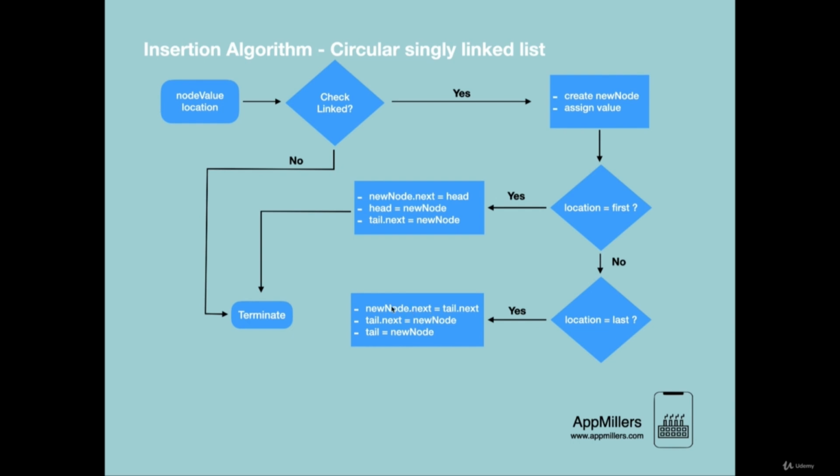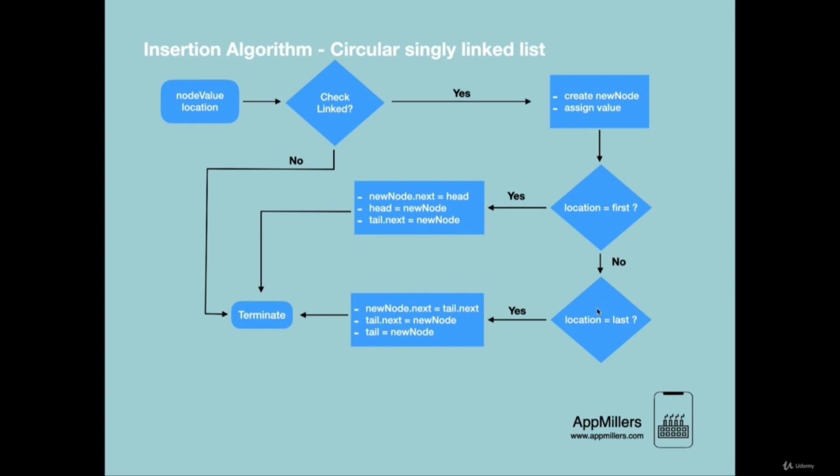After creating a connection between the new node and the first node, we need to create a connection between the last node and the new node. By updating tail's next to the new node, we create a connection between the last node and the new node. Then we set the tail to the new node, because tail has to store the physical location of the last node. In this case, the last node becomes the new node. So after completing this, an insertion of a new node at the end of the circular linked list is complete, and we terminate our algorithm.